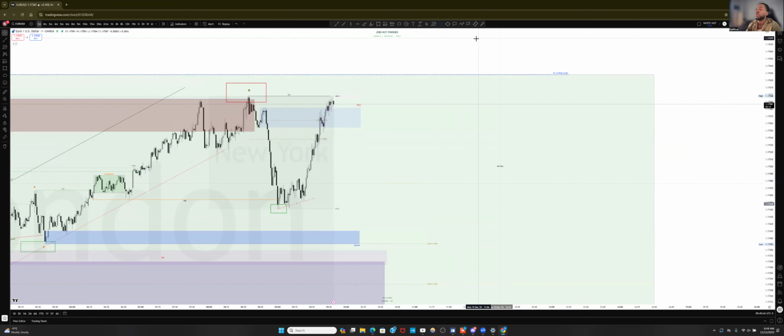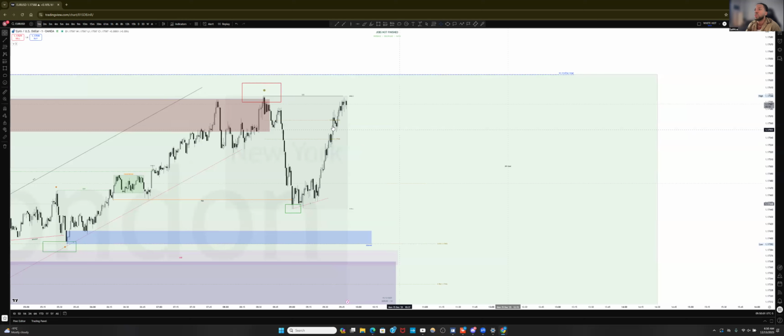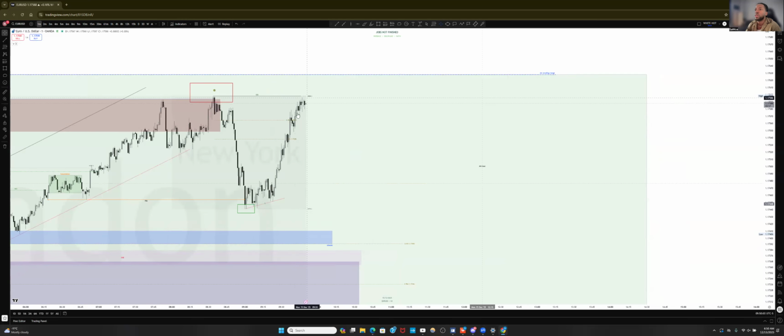We can put this out the way for now. We know that this zone failed. So let's see what price action is doing. So we do have this internal low that led to this high, broke this internal structure. Perhaps price can just bounce.